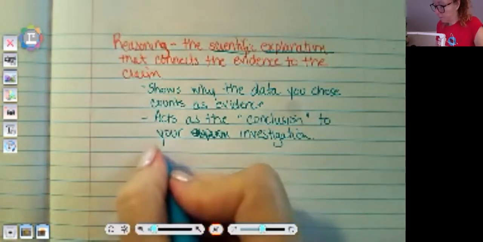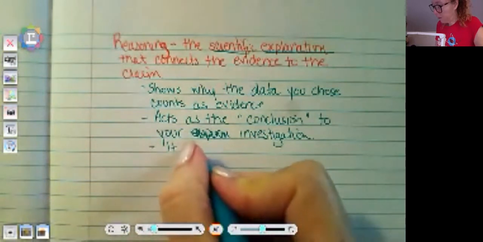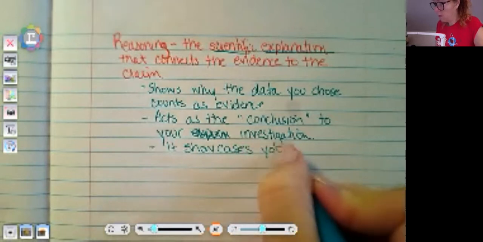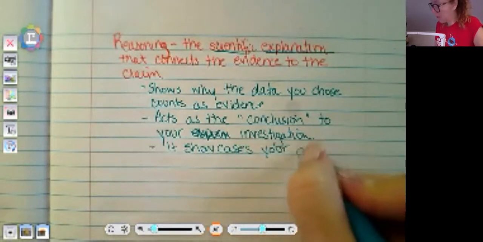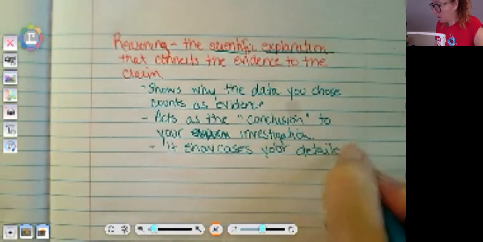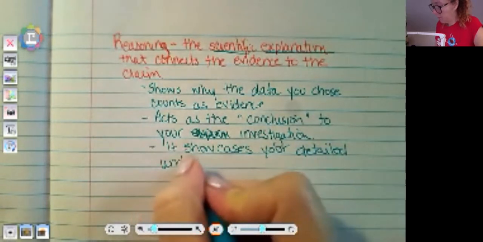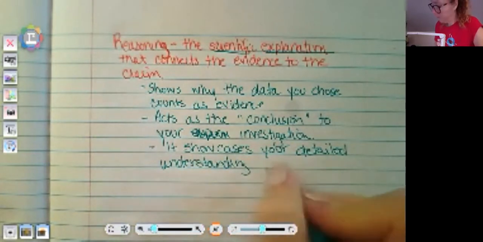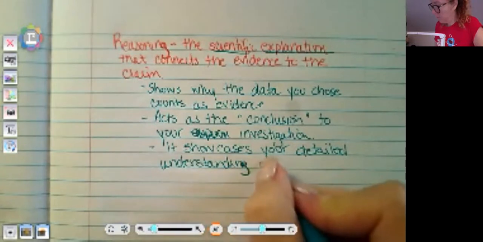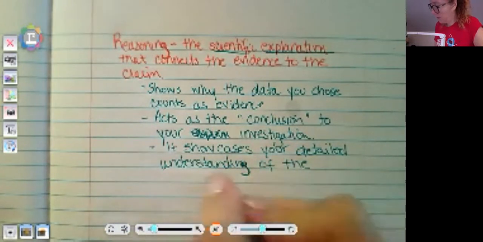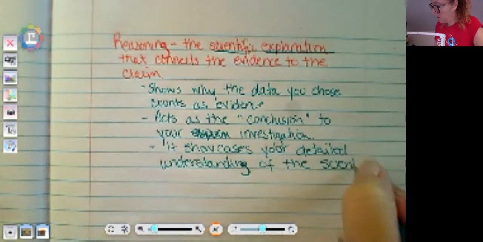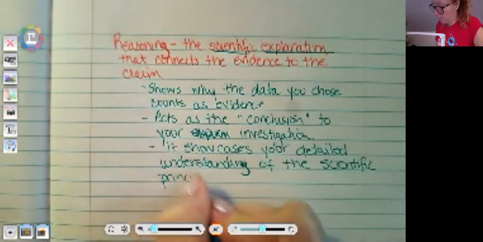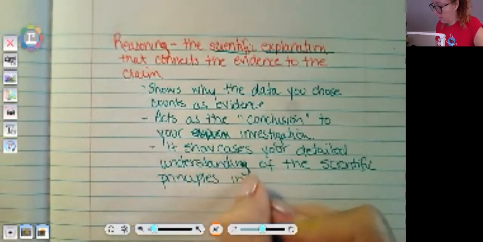And this is a big one. It showcases your detailed understanding of the scientific principles involved.